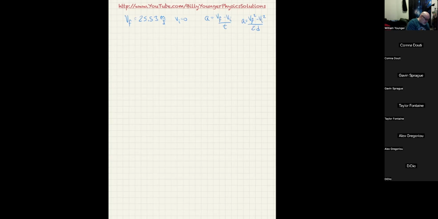Because of that, I can say A is going to be 25.53 meters per second squared minus 0 squared, all that divided by 2 times 40.0 meters. Notice that's meters squared per second squared, divided by meters, so that just gives me meters per second.